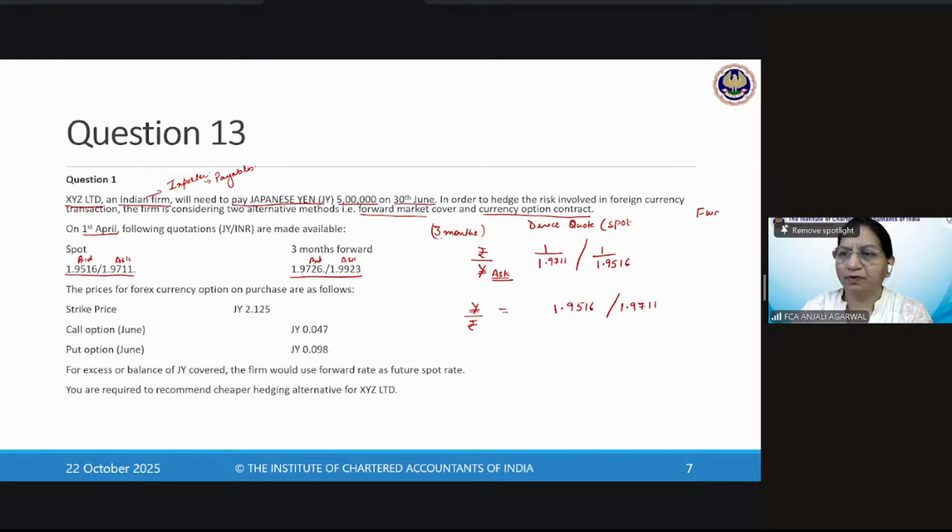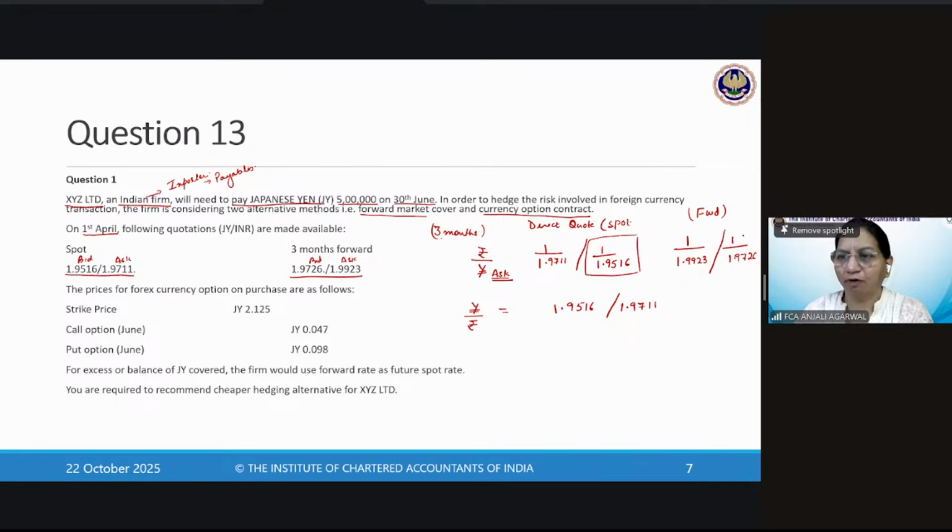Similarly, forward would be what? So, if you look at the spot rate, today you end up paying this much multiplied by 500,000.